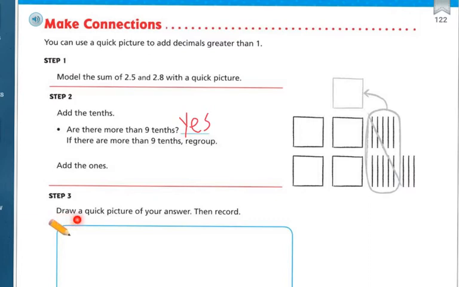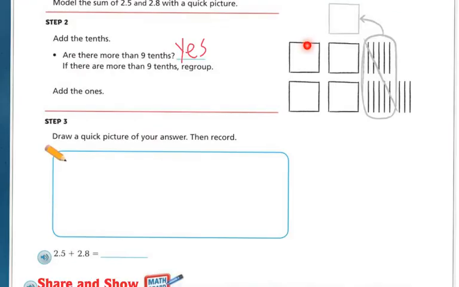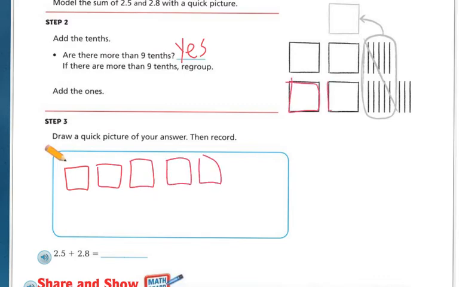Step 3 says, draw a quick picture of your answer and then record. So in my answer, I should have 1, 2, 3, 4, 5 wholes because we took all these ones and made them one whole, and then 3 of the tenths. So I'm going to draw 1, 2, 3, 4, and then remember this became the 5th one.